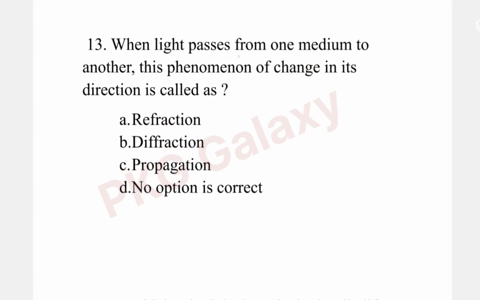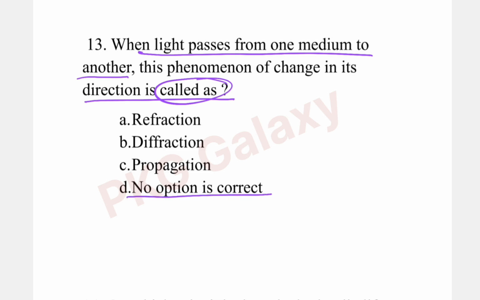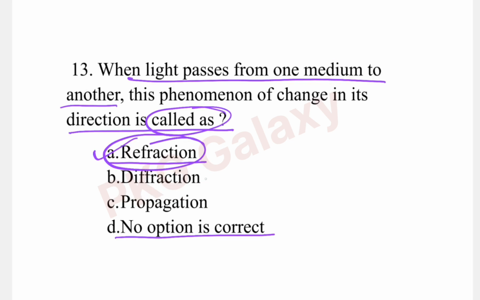When light passes from one medium to another, this phenomenon of a change in its direction is called as option A, refraction, option B, diffraction, option C, propagation, and option D, no option is correct. So the correct answer is option A, refraction.